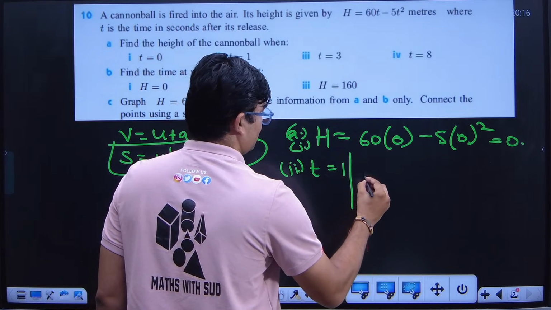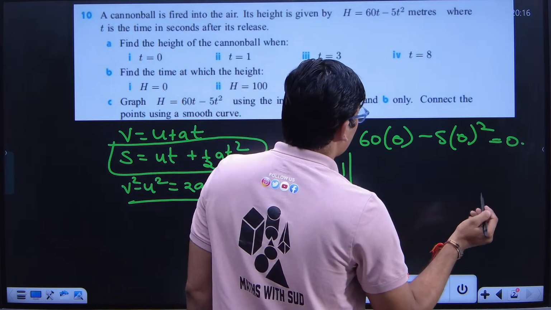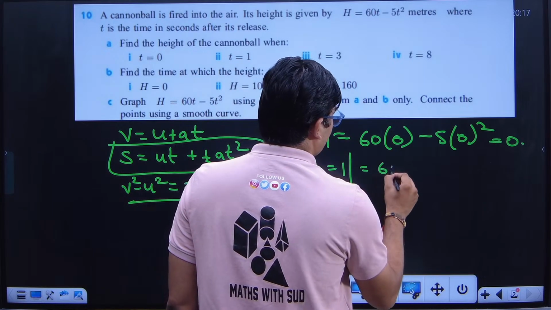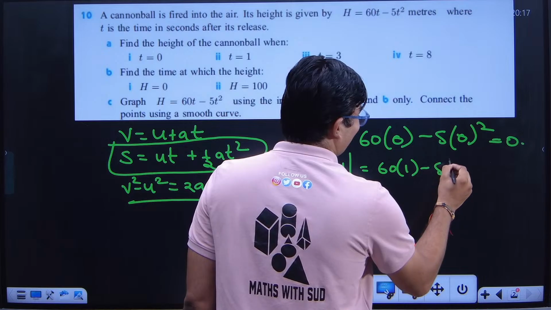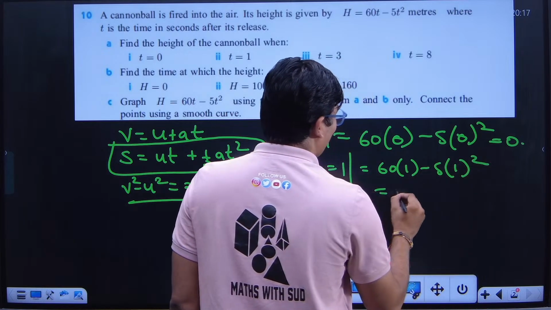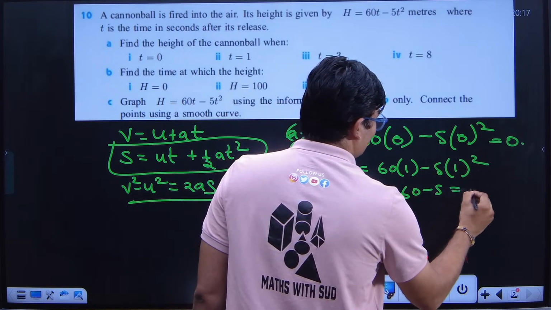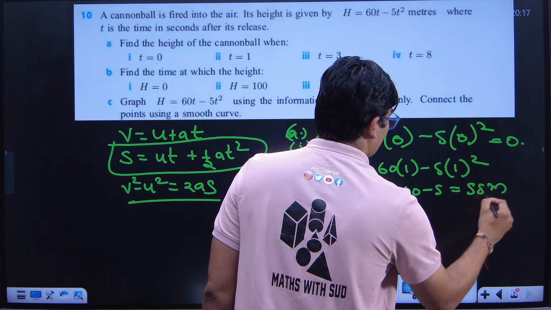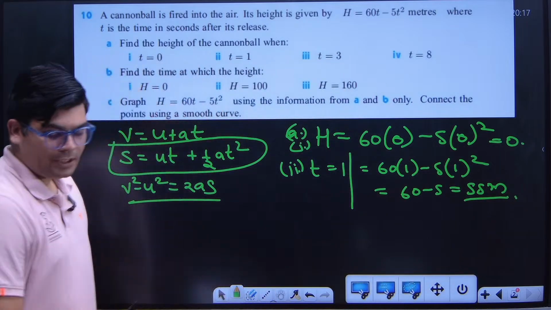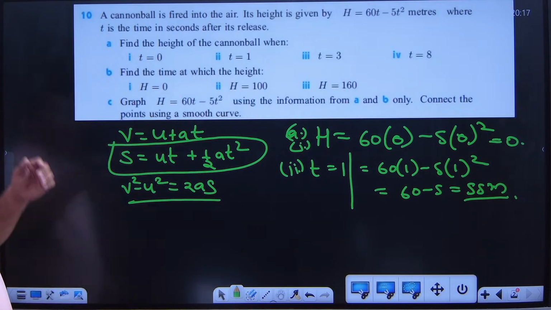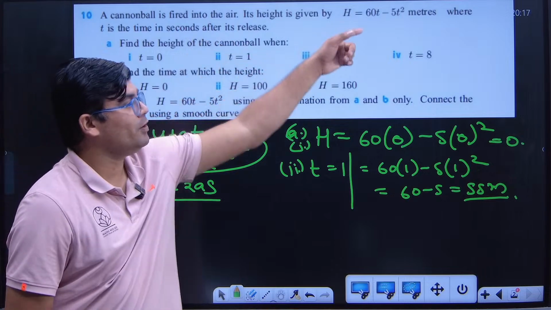60 minus 25? How 25? 60 minus 5 only, my dear. 60 into 1. Sorry, the square is of 1, not 5. So how much is it? 55 meter. Can you tell me when t is equal to 3, what will be the height?